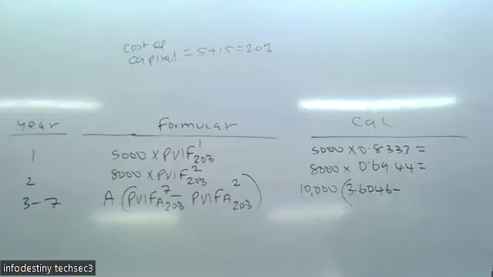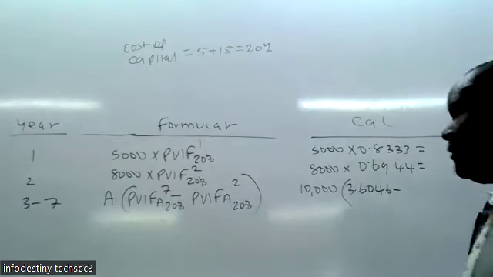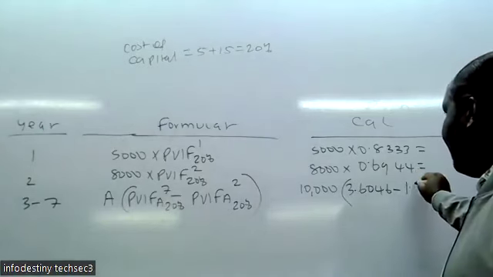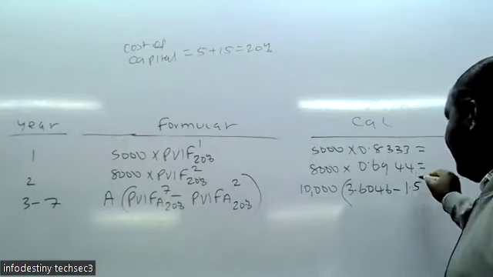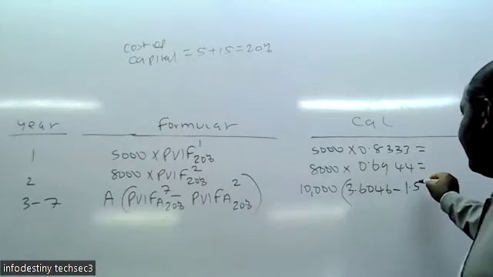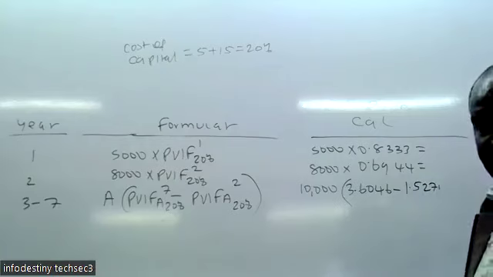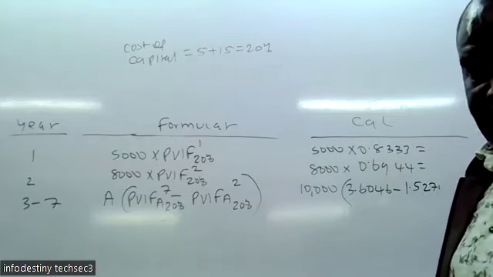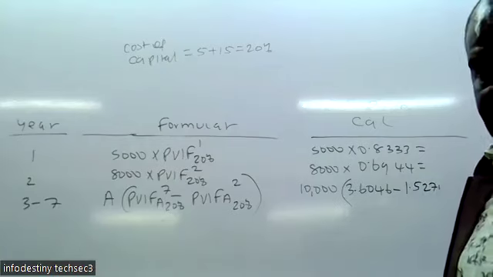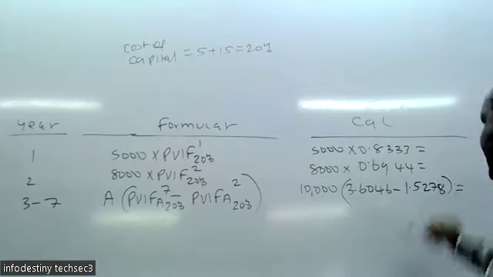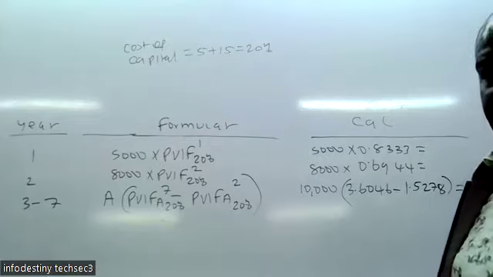Still in the same table, confirm in year 2. So we get 1.527 78. Yeah, so that's now how we go about them.